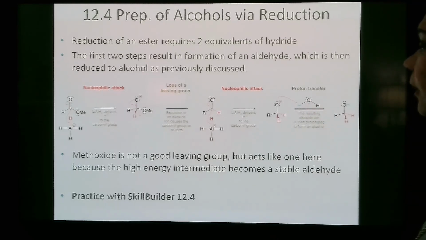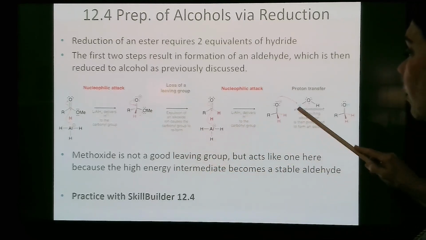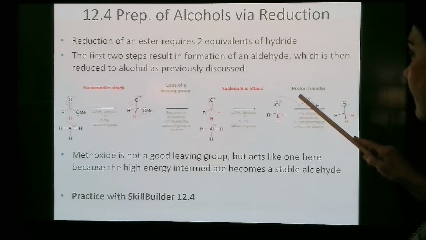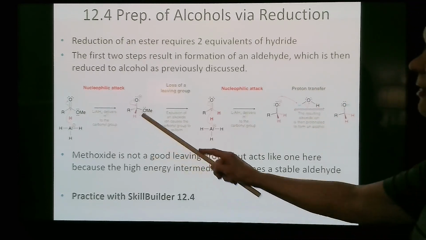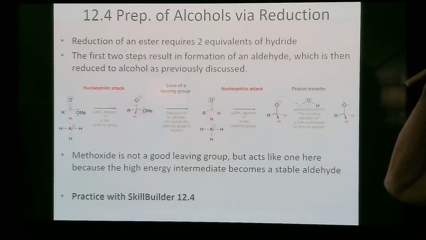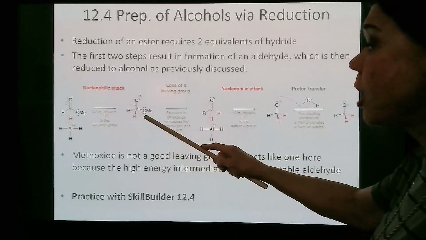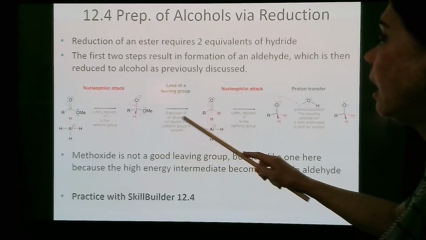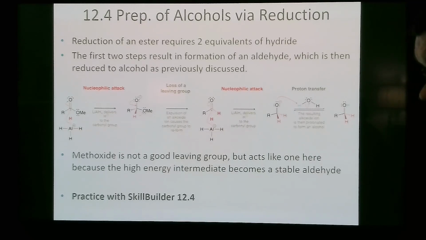So once again, you will have this reaction take place, and then water will have to be added to affect this workup step. So methoxide is not a good leaving group, but here there's no other leaving group, and this is a very high energy reaction, and so that takes place. Lithium aluminum hydride is a very reactive reducing agent.